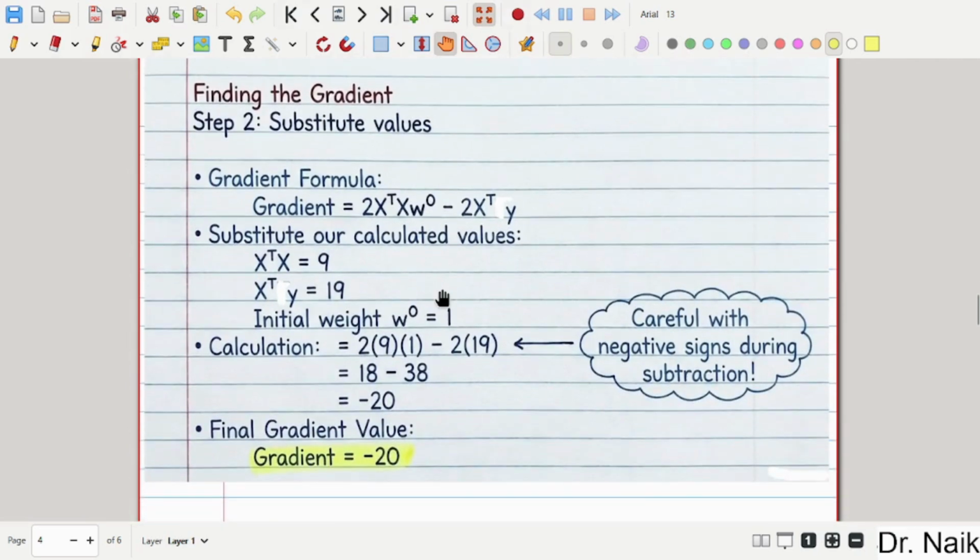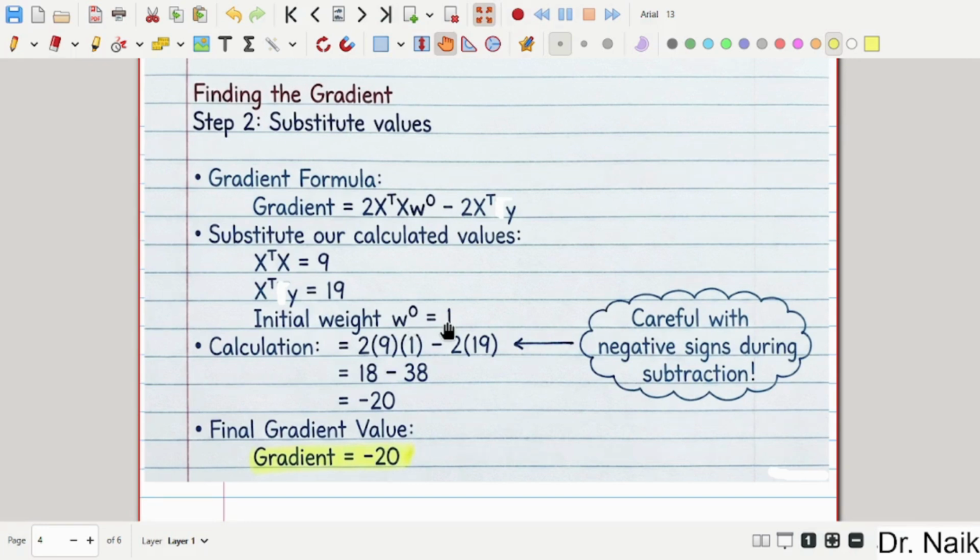Now substitute these values in our gradient descent formula. Our gradient formula is 2 times x transpose x into w superscript 0 minus 2 times x transpose y. X transpose x we just calculated as 9 and x transpose y is calculated as 19. Initial weight w superscript 0 is given as 1.